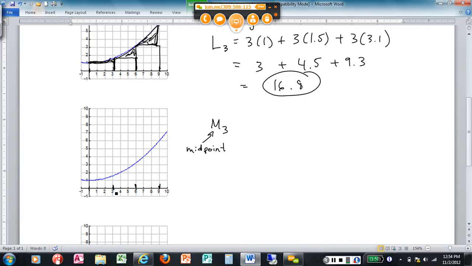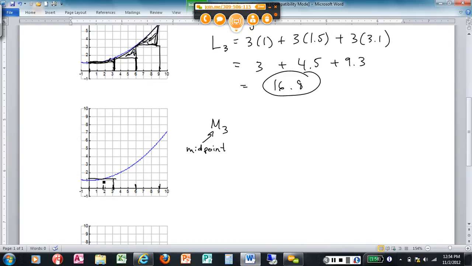Now, between 0 and 3, the midpoint would be where? 1.5, wouldn't it? So my height, you see, is like that. Because I come at the height of my function there, and that's going to determine the height of my rectangle. Then I come over here at wherever the next one would be. If you'll notice here, I did that one at 1.5, or tried to.